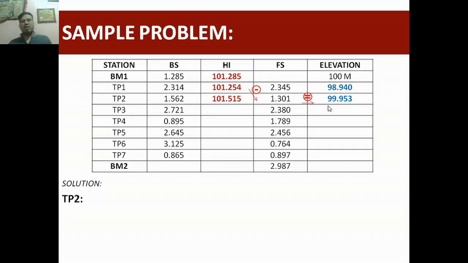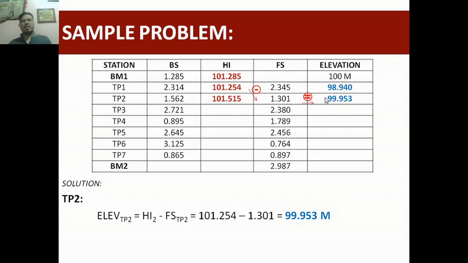As you go along, the first thing you compute is the elevation of the turning point, then the height of instrument. So elevation of turning point 2, which is this one, is equal to height of instrument 2, this one, minus the foresight of turning point 2, which is 1.301.